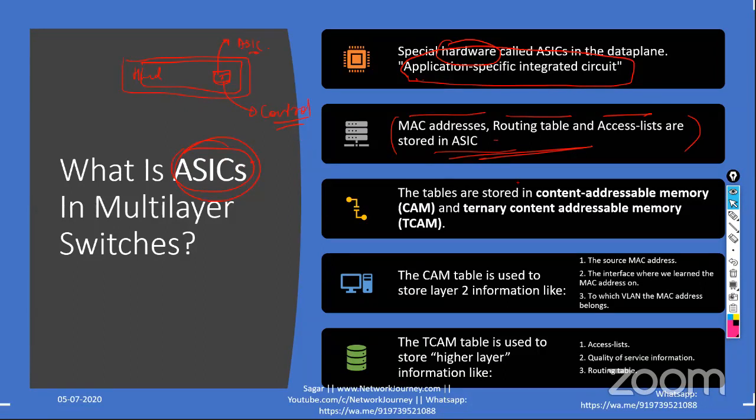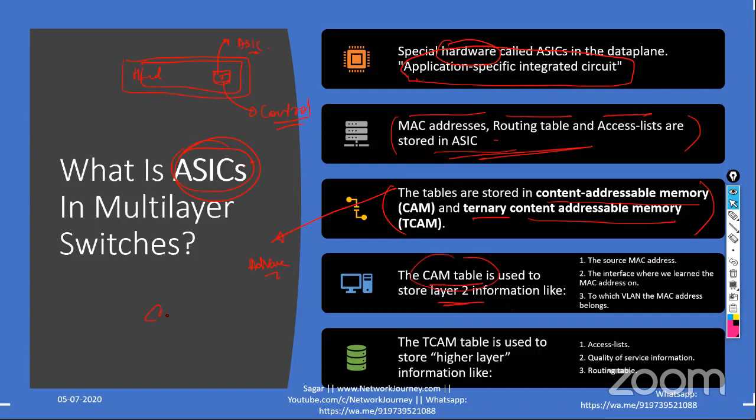So what are these CAM tables or TCAM tables? CAM is nothing but content addressable memory, and TCAM is ternary content addressable memory. These are advanced technologies doing the high-end processing. The CAM table is used for storing layer 2 information.